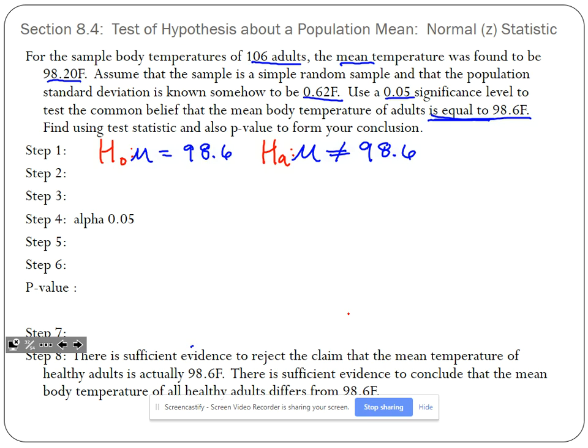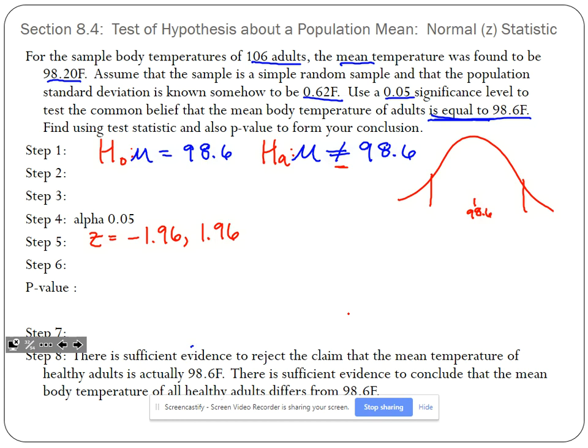Step 4, I've got right here, our alpha has been designated in this experiment. It's been told to us at 0.05. Using the table that I've given you in the notes, the standard critical value for 0.05 is negative 1.96, and it's going to be positive 1.96, because if you look at this in the curve, we're testing whether the mean 98.6 is or is not.